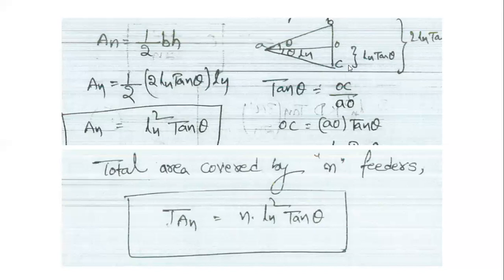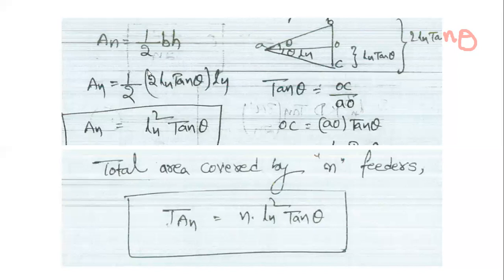Therefore, the total length is 2ln tan theta. This is the height. What is the base? The base value is ln.